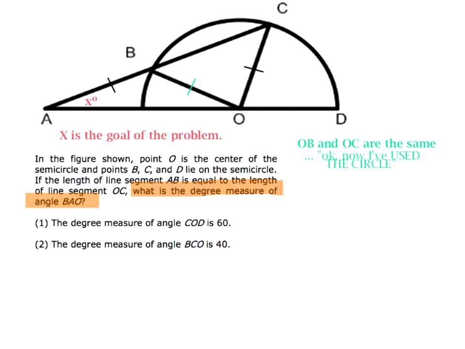That angle is also x. That should make you feel good too, because now I have actually used the fact that if you have the same sides in a triangle, then the angles across from them are also the same.